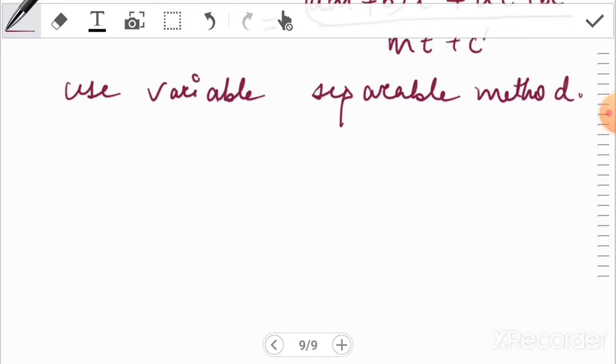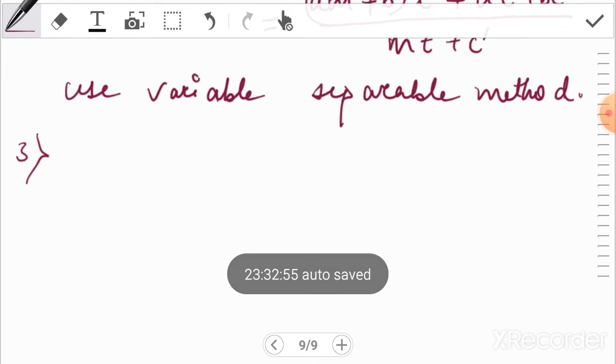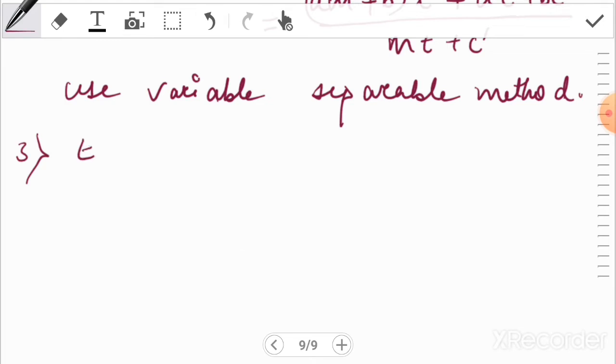Now next is exact differential equations.